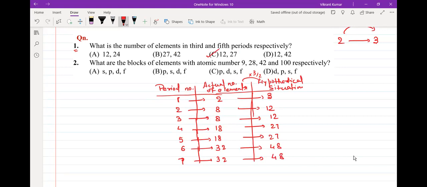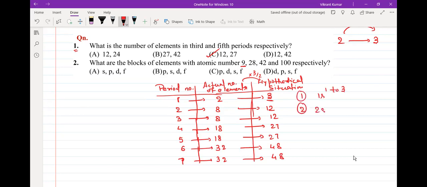Now, if I am talking about atomic number 9, the first period has got 3 elements, so it will end at 1s3 hypothetically. The second period will start at 2s and end at 2p. So 1, 2, 3 will be filled in the first period.